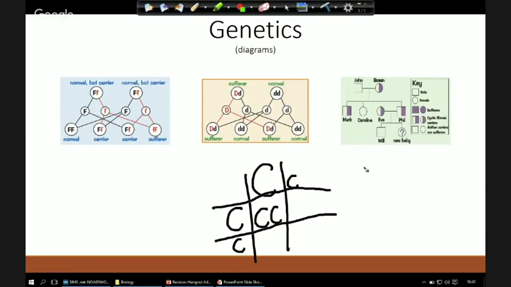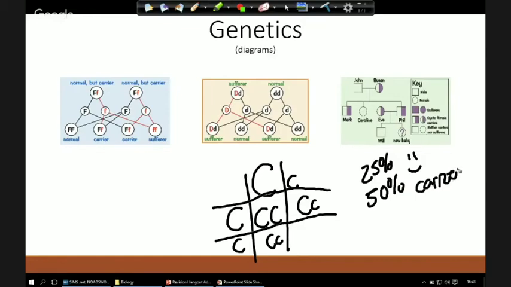Well, our ratio would go as follows. 2 big C's, 25%, absolutely fine, so neither carrier nor sufferer. 25 and 25, big C, little c, big C, little c. In other words, 50% carriers. This leaves us little c, 25% sufferer.